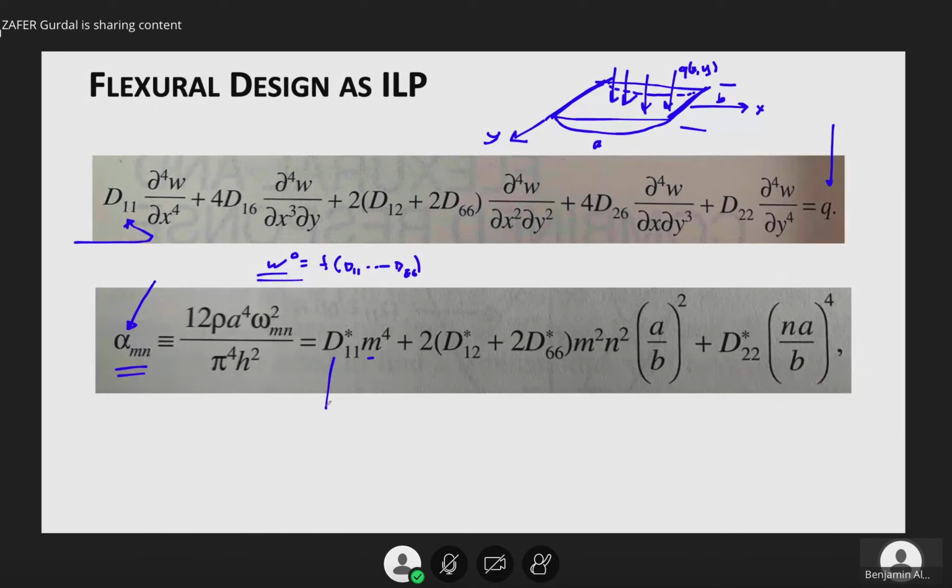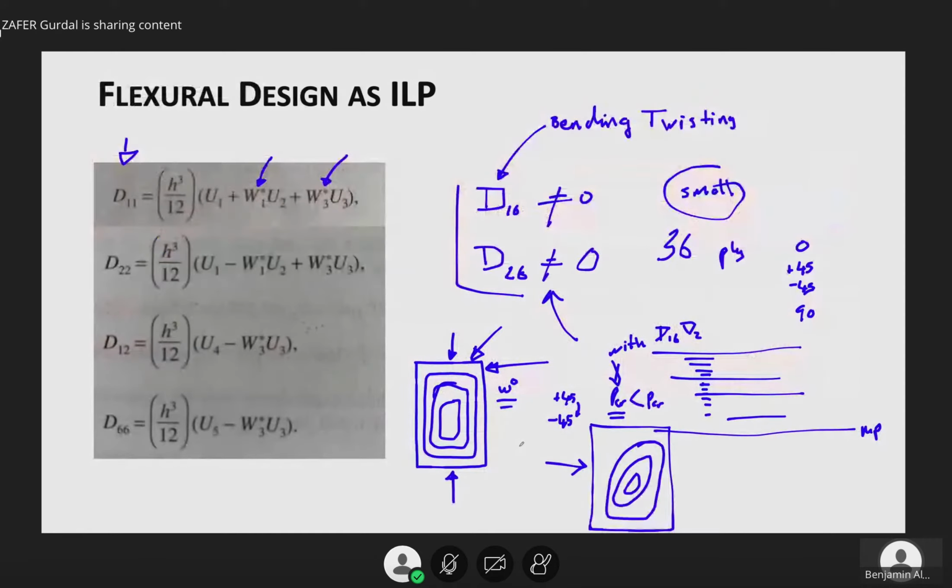But these terms will be linear in terms of W1 star and W3 star, as we showed in the previous chart. So being linear means that it's going to be easy to design.